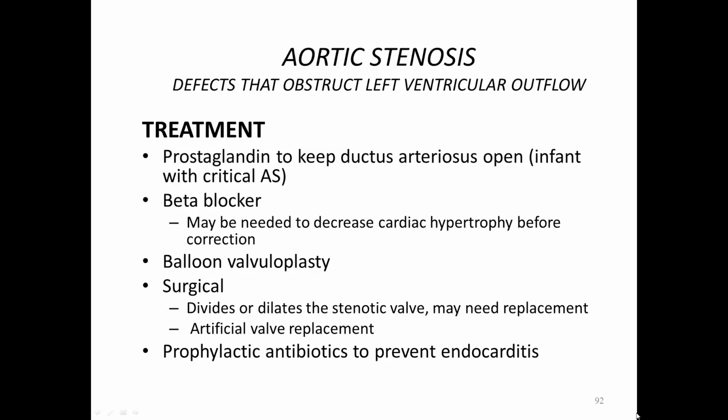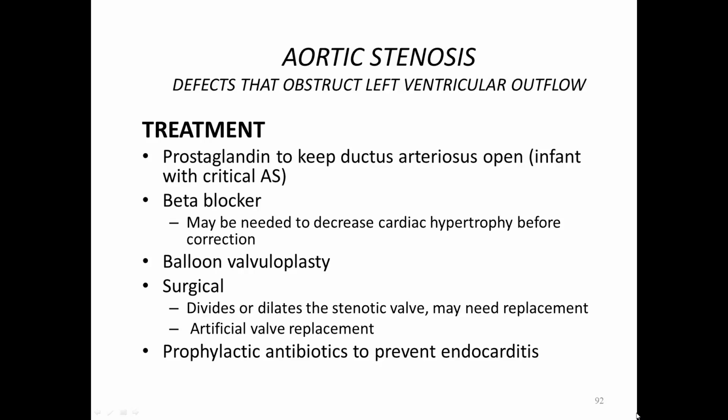Remember, the prostaglandins are given to keep that ductus arteriosus open. That ductus arteriosus allows more blood to get out into the systemic circulation so that we can get that blood flow going to the areas. They may be put on beta blockers trying to decrease that heart rate and help decrease that cardiac hypertrophy.